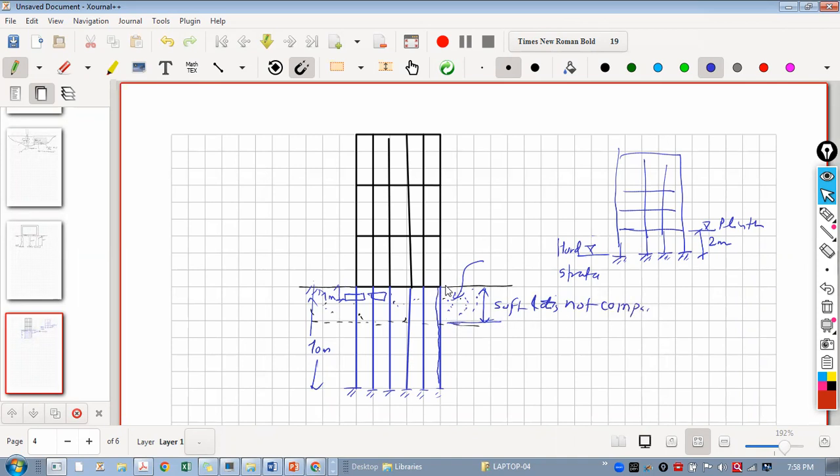So whenever you drive the pile, we are driving the pile from this ground itself, but due to the pile cap construction, we sometimes need to remove this soil also till the pile cap level. So below the pile cap, let's say your pile cap level is 2 meters, I would suggest taking 1 to 2 meters below it. That means I can say this is a compacted zone now. So whatever red line I am drawing, this is compacted soil.